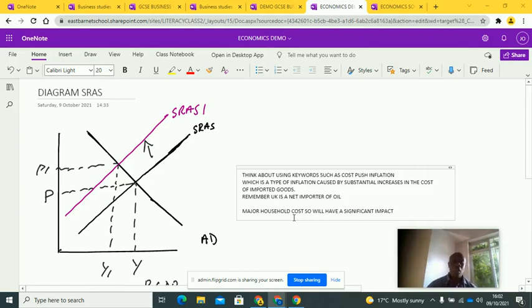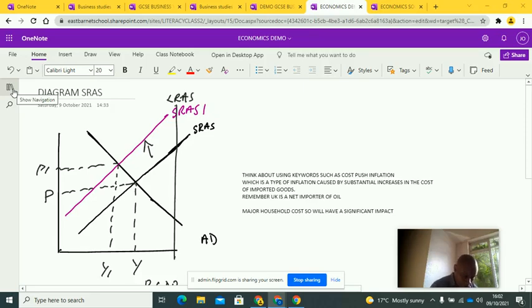Going back to the question, you want to be thinking about what macro impact we can have. If you want to know where YFE is, let's draw a full employment line here. That is our LRAS, we'll label it, and YFE.